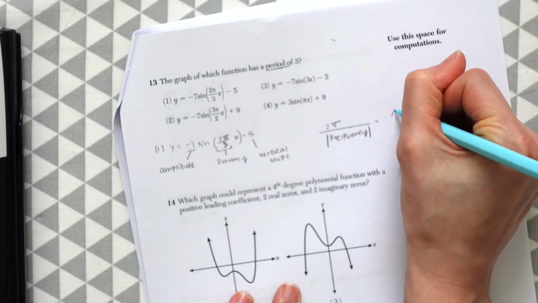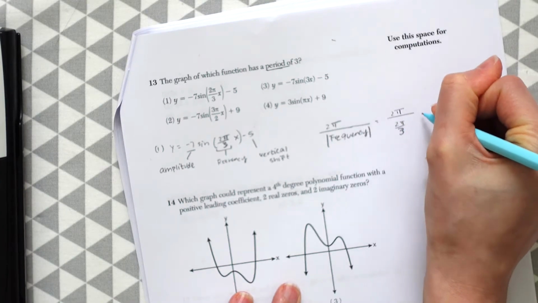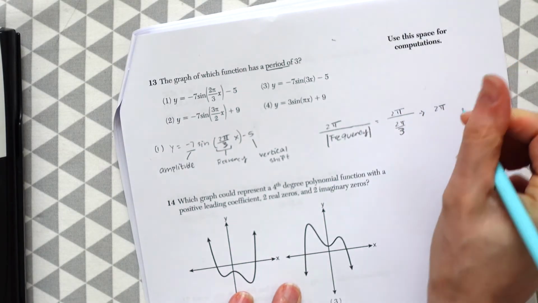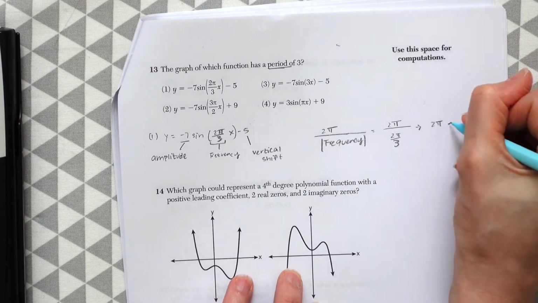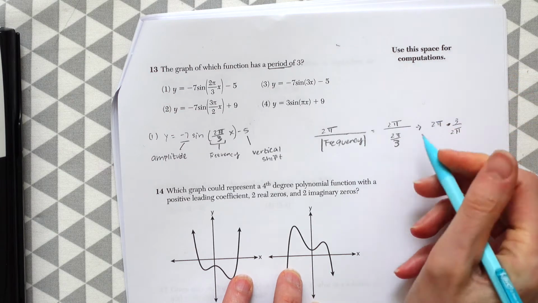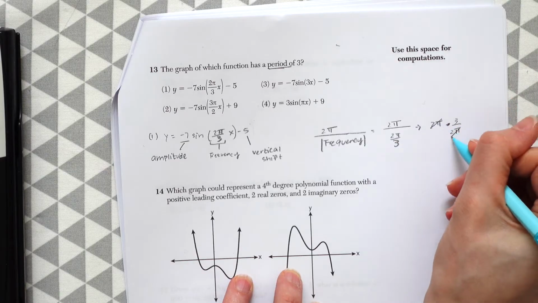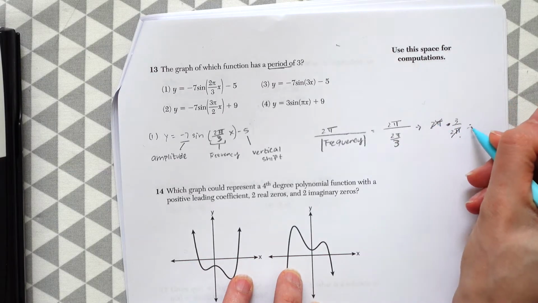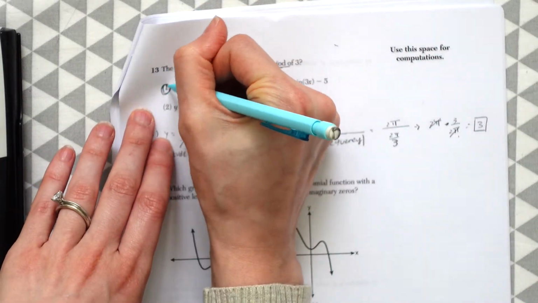So this would be 2 pi over 2 pi over 3, which would then be equal to, based on just dividing fractions, 2 pi times 3 over 2 pi. So just flip this fraction in the denominator and multiply, and then these two cancel out, and we're left with 3. So the first choice happens to be our answer, choice number 1.